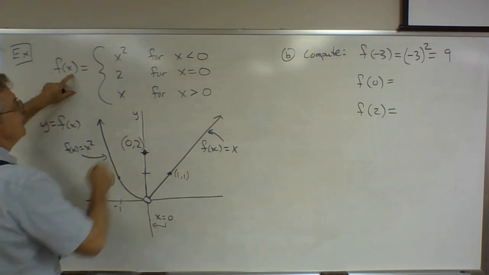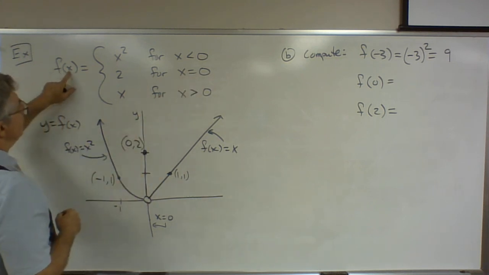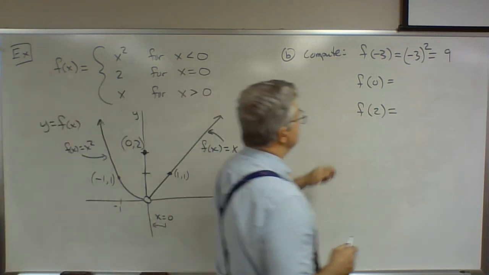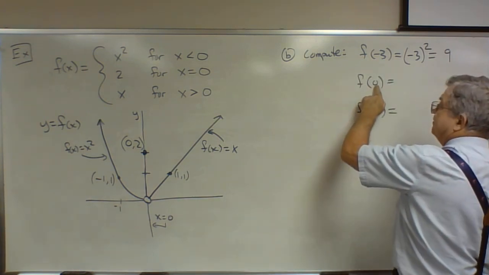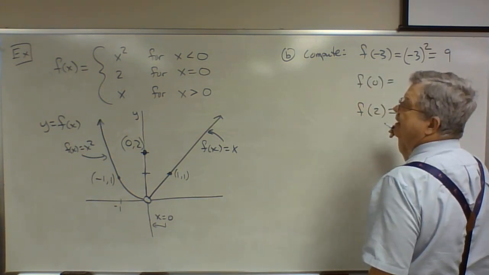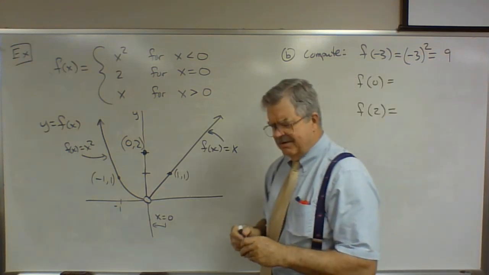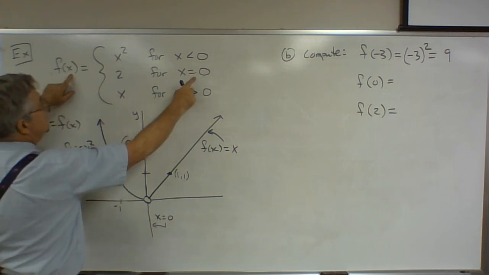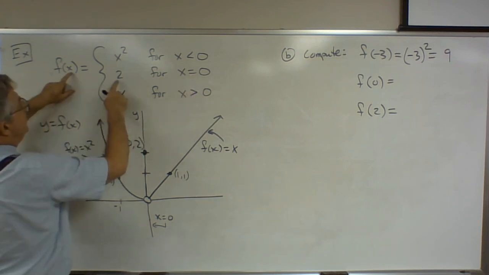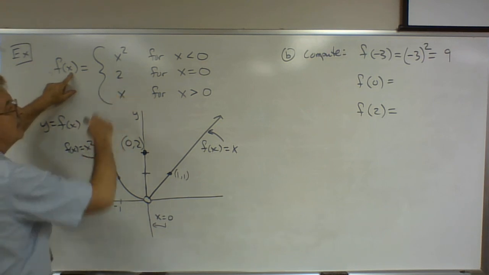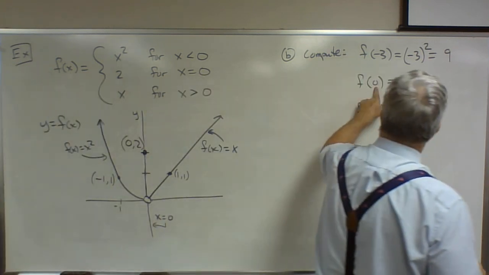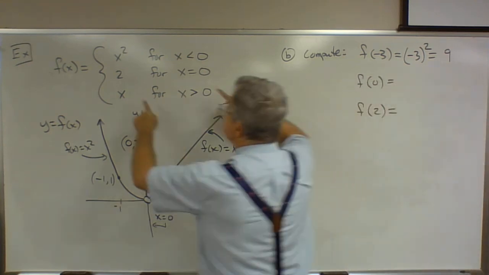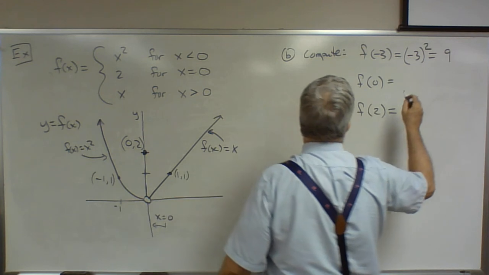And it says when x equals 0, f evaluated at x is 2. Did I say that right? I hope I did, but maybe I didn't. This says that when x equals 0, f evaluated at x equals 2. X is 0, so f evaluated at 0 is 2.